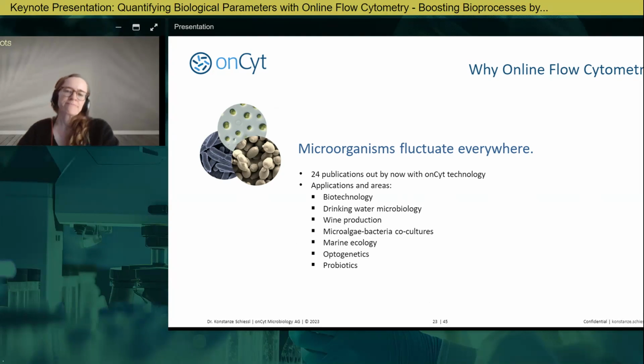Okay. So why do you even use this online flow cytometry? We have seen that wherever we went to measure over time using the flow cytometer, we see fluctuations. Microbes really fluctuate everywhere.